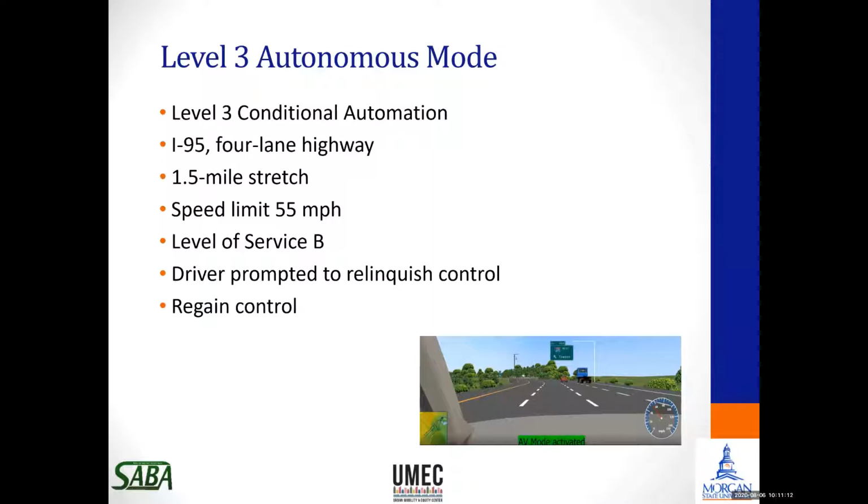The speed limit is 55 miles per hour, the lanes are 12 feet wide with a 12-foot raised median separating the opposite lane, and the level of service is B. As soon as the driver approaches the exit ramp, we issue a curve speed warning asking them to reduce their speed to 25 miles per hour, which is the speed limit of the ramp.